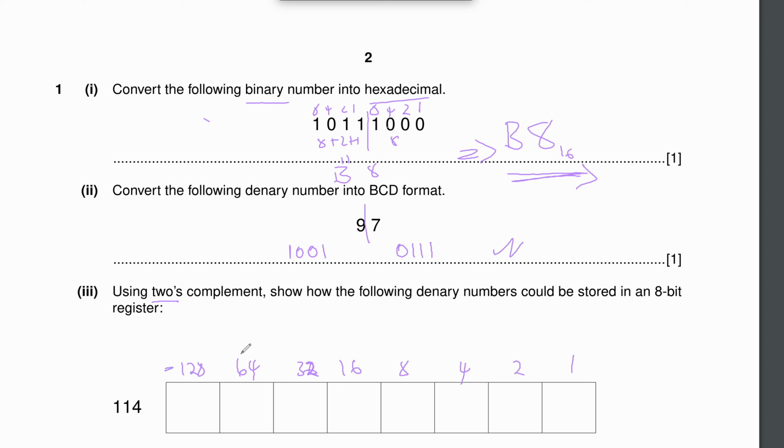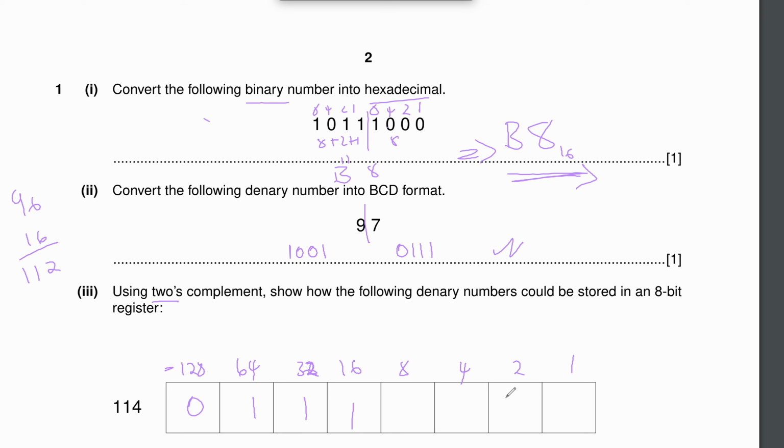You get it? So now, to get 148, I don't need a negative number to get a positive 148, but I need this. If I have 64 plus 32, that gives me 96. Then 96 plus 16 gives 112.